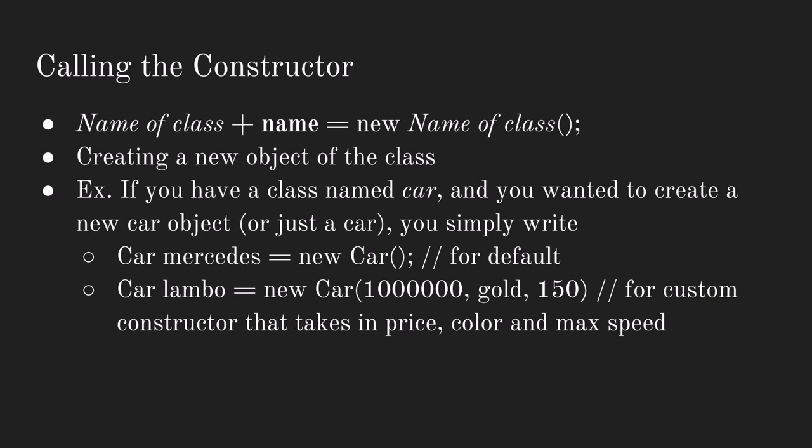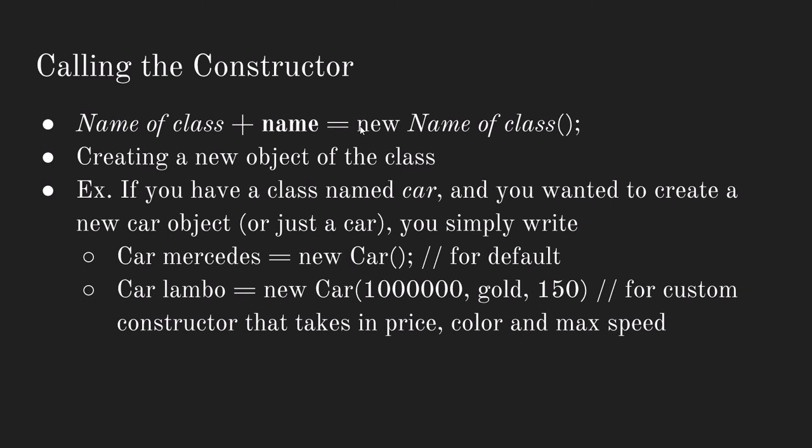So here's how you call the constructor in your runner file, in what we call a runner file. So let's say you had a file named DogRunner, and you wanted to create your very own pet dog. So what you would do is you would put the name of the class, and then you would name whatever. Let's say the class was Dog, and you wanted to name it whatever you want, and your favorite dog name is Billy.